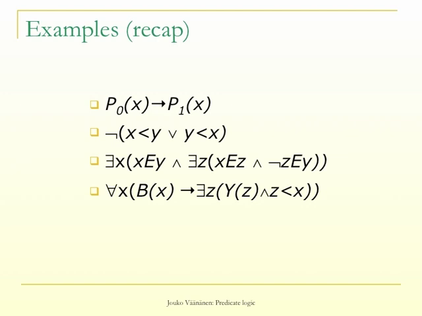Exists x, left parenthesis x R y, and exists z, left parenthesis x R z, and not z R y, right parenthesis, right parenthesis. For all x, left parenthesis, B(x) implies exists z, left parenthesis, R(y,z) and z less than x, right parenthesis, right parenthesis.